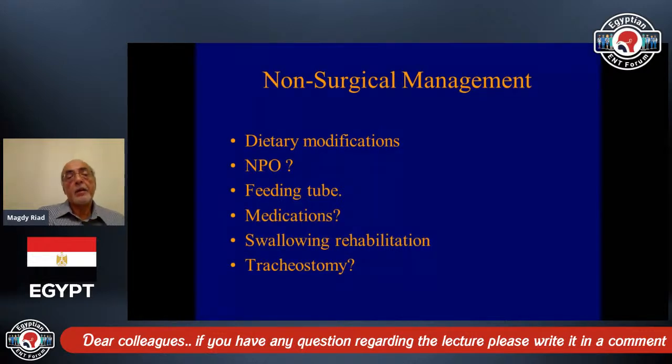Tracheostomy is a different thing. You get sometimes asked to do tracheostomy because the patient is aspirating and has a chest infection. And the problem with tracheostomy, it doesn't help with the swallowing. In fact, it is one of the commonest causes for swallowing problems. We'll go through this in a second.